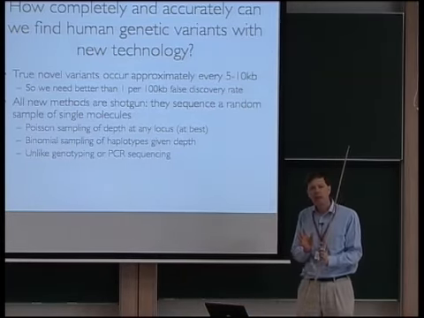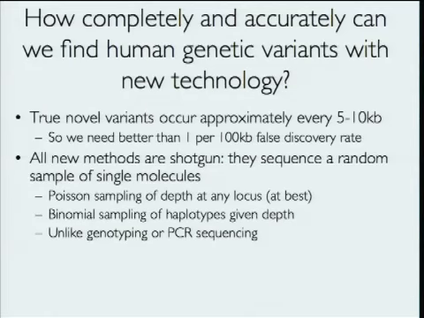The second thing that's important from a sampling point of view is that all these methods are what we call shotgun methods. Basically, they sequence a random sample of single molecules. So the way we sequence the human genome is that we take DNA from the entire genome and chop it up into random pieces, and we pull out random pieces and sequence them. And in fact, it's sampling with replacement, essentially, from the human genome.